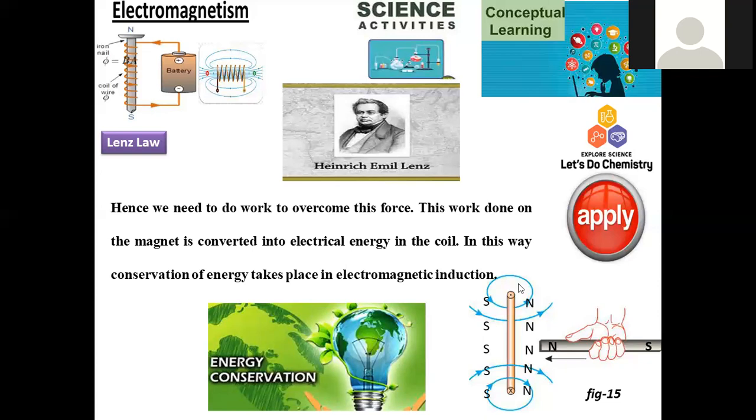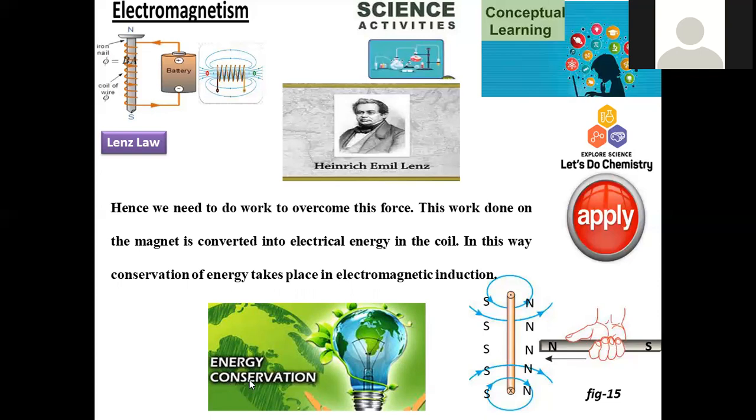In order to minimize the repulsions, we apply external work, regarded as mechanical energy, that can be converted into electrical energy, so an electrical generator works based on this principle, right? In this manner, we work on the conservation of energy.